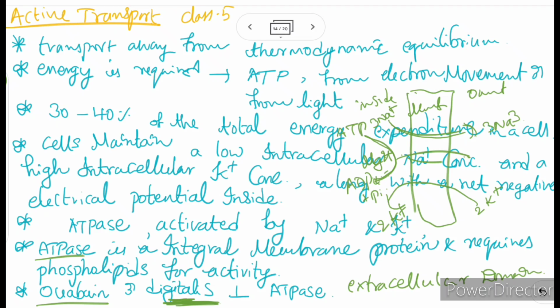So inhibition of the ATPase by ouabain can be through blocking of the extracellular K plus ions.